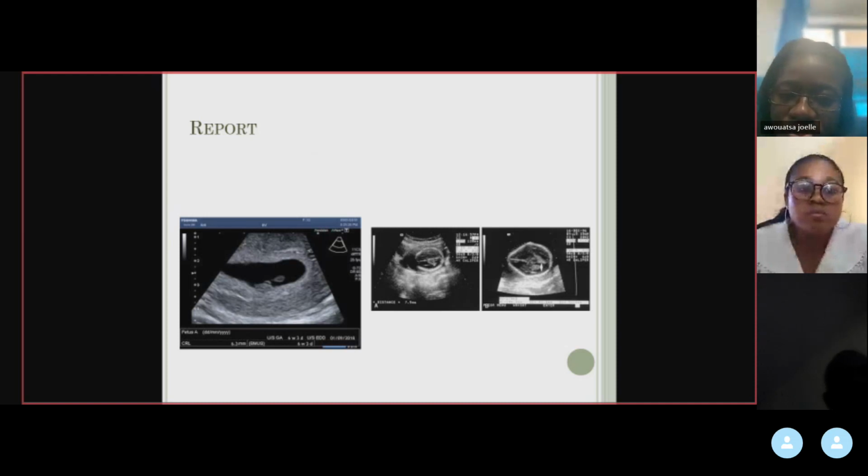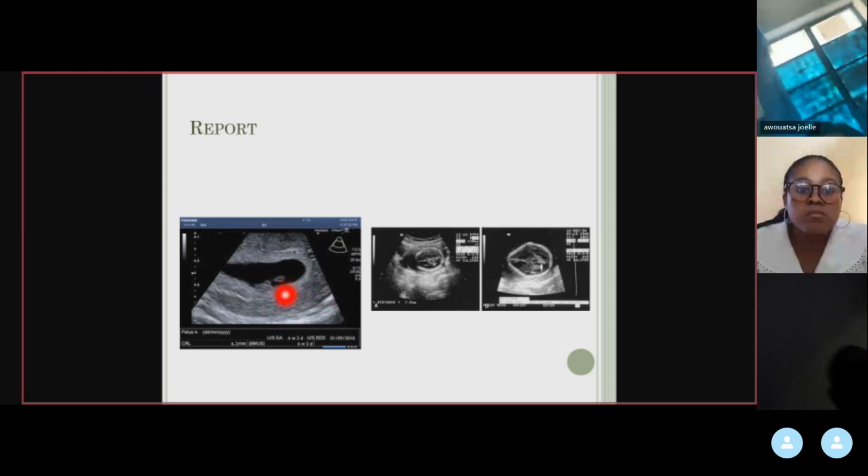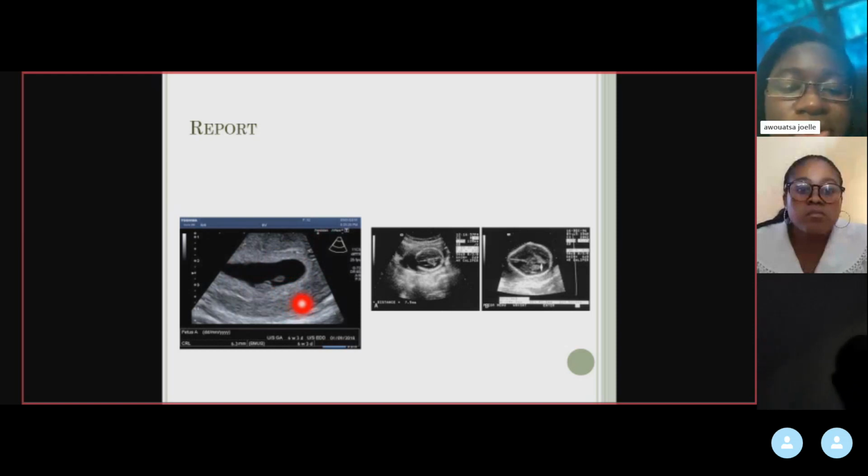These are some pictures of the obstetric scan. In the first picture, this is a transvaginal scan, wherein you can see the gestational sac and a fetus. We check for cardiac activity during the first trimester, and how many gestational sacs are there.